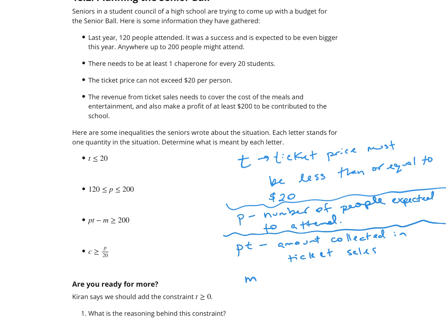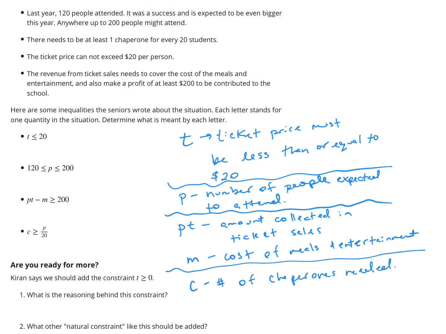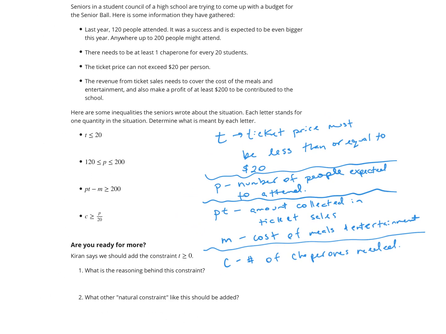Whereas m is the cost of meals and entertainment. And then finally, c, this is the number of chaperones needed. All right, let's move on to activity 3.